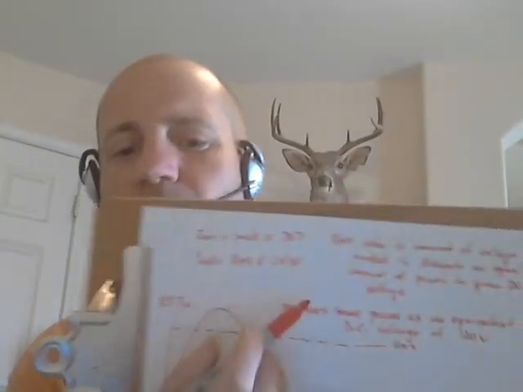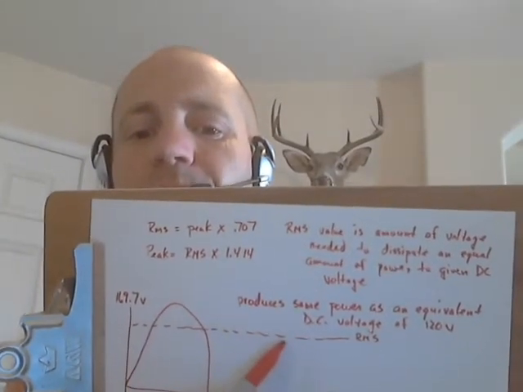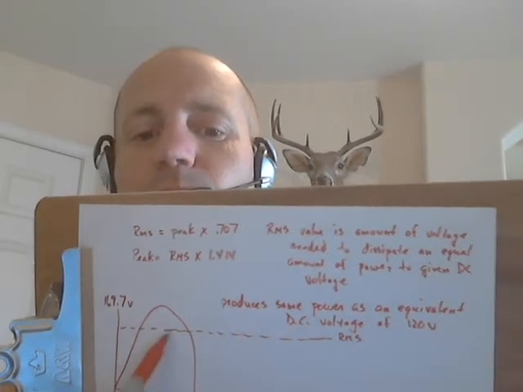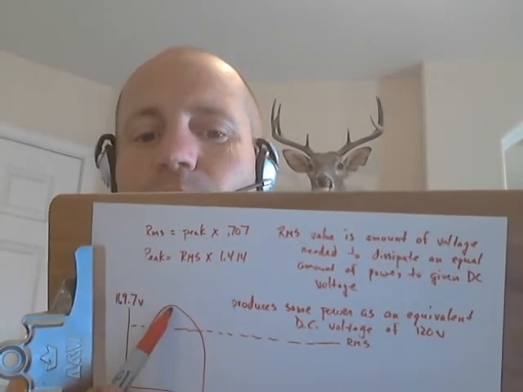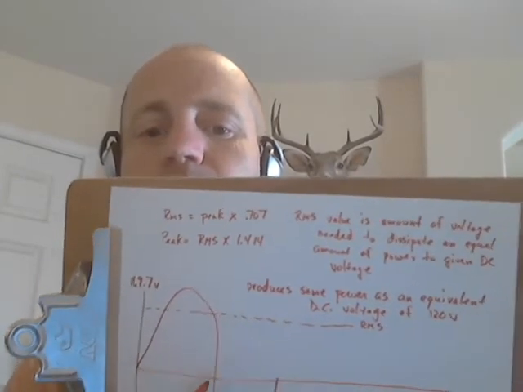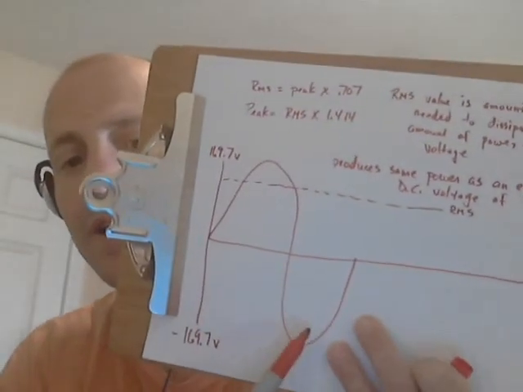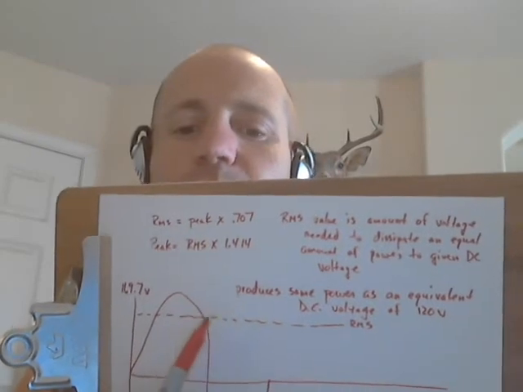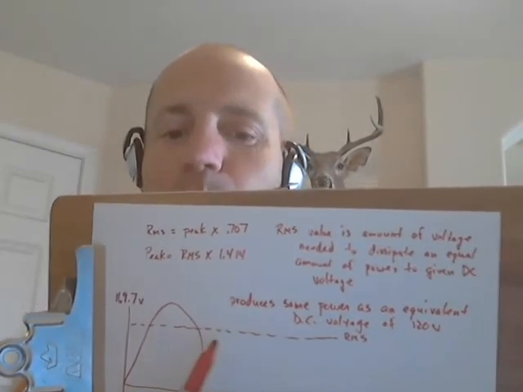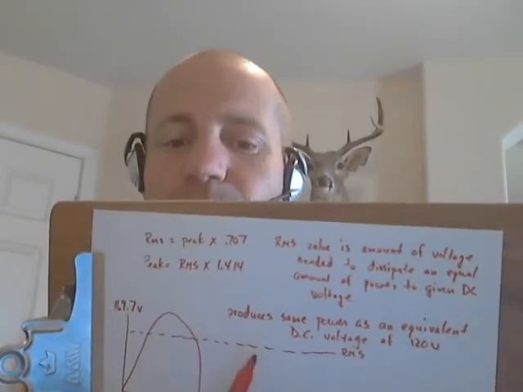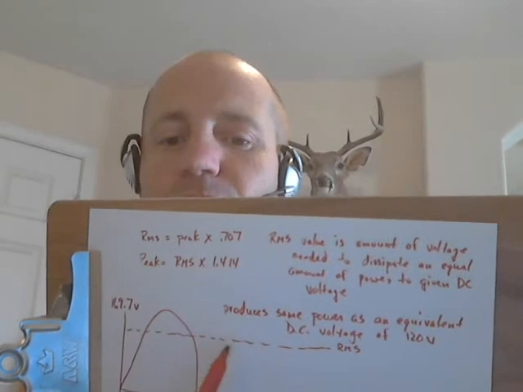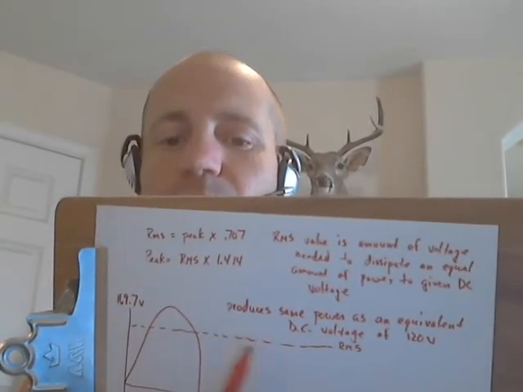So if you can see my dotted line right here, this signal that reaches a peak of 169.7 volts in one direction, drops down to 0, and then reaches a negative peak value of 169.7 volts, is going to generate the same power, dissipate the same amount of power through a resistor, as a constant voltage of 120. And that's where the RMS value comes from.